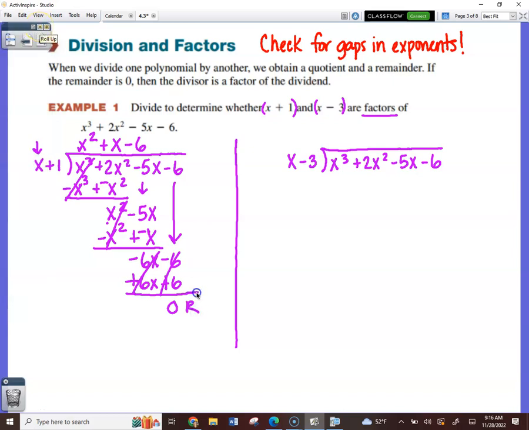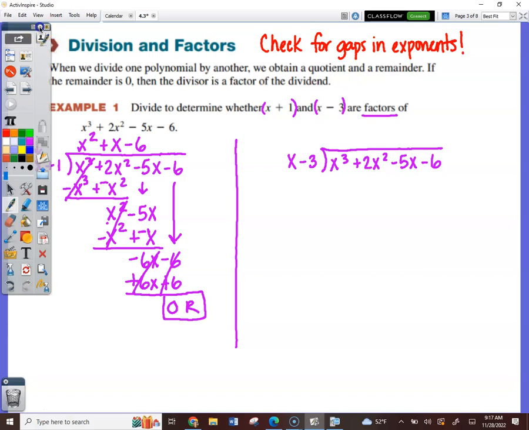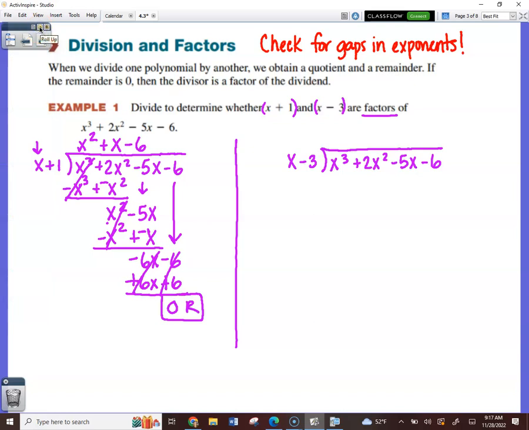I like to box in the remainder to remind me that the whole goal of doing that was to say to myself that I got a 0 remainder. Here's what that means. X plus 1 is a factor.